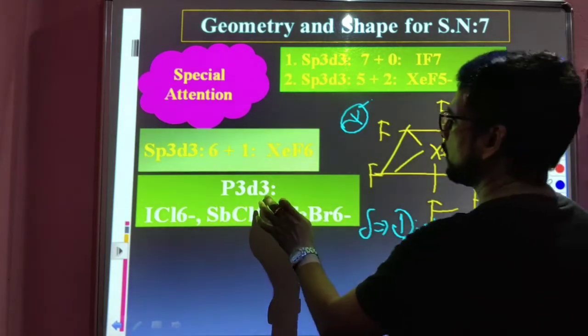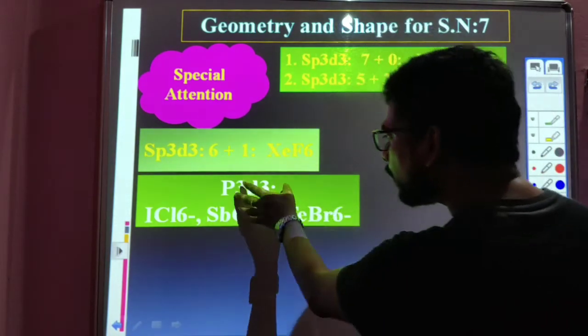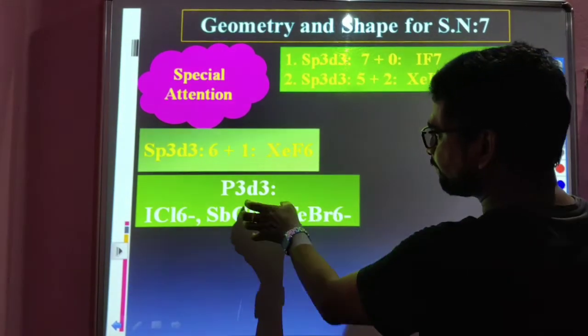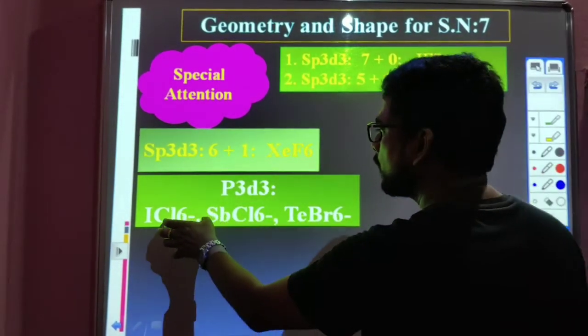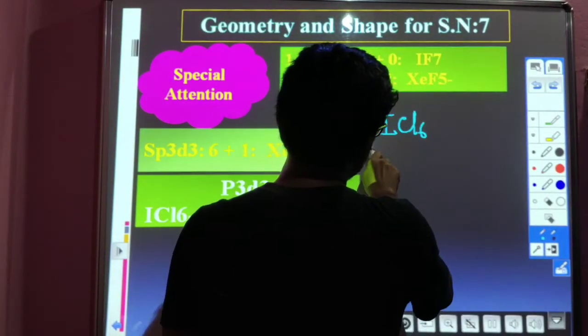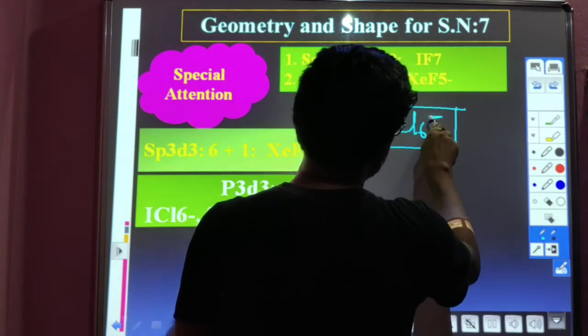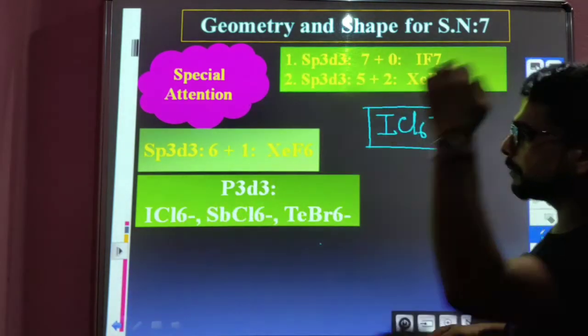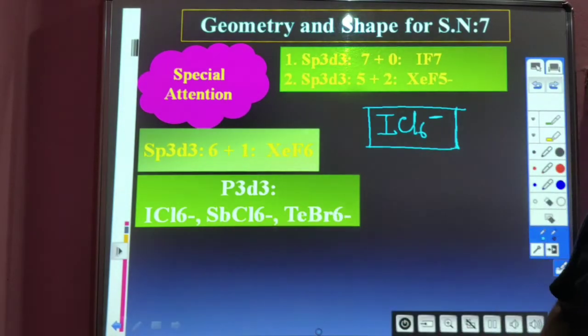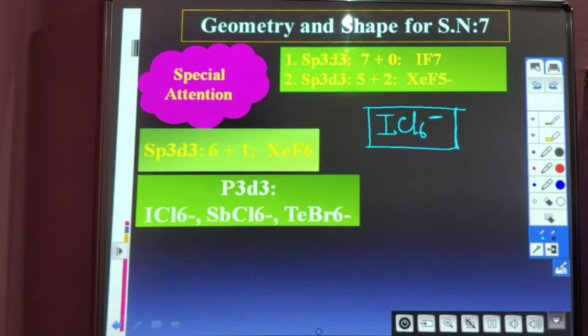In case of this molecule, ICl6 minus, please remember these examples: ICl6 minus, BiCl6 minus and TeBr6 minus.